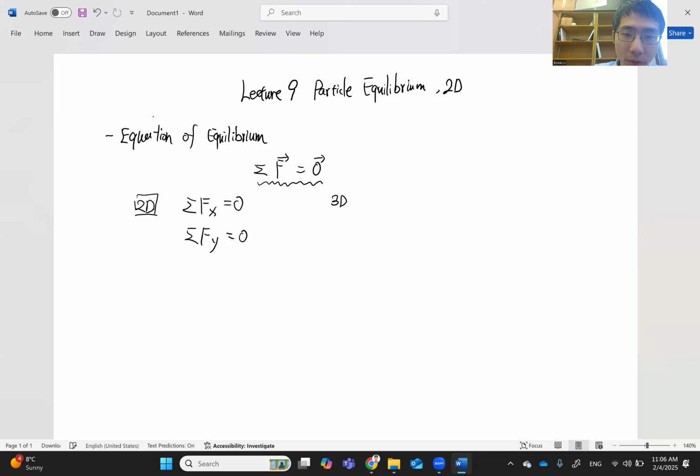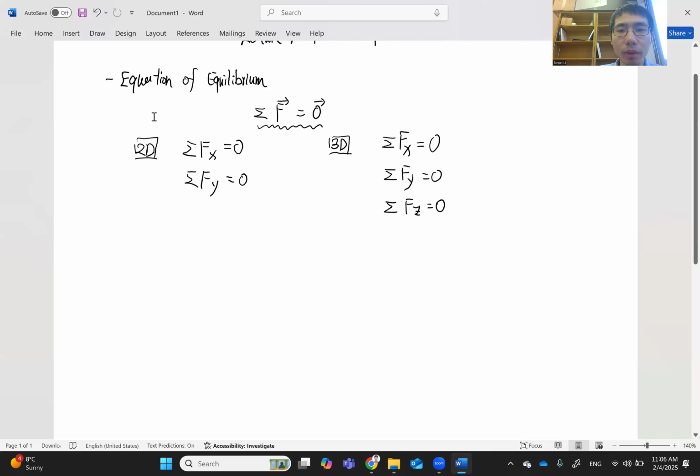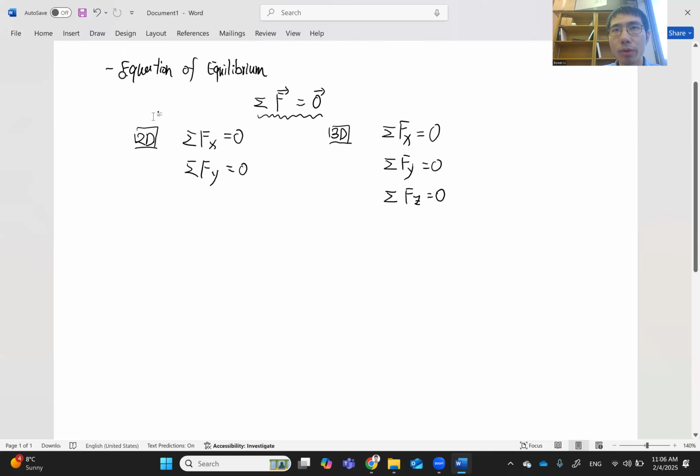But for the three-dimensional case, it will be similar. The x component of the resultant force equals zero, the y component equals zero, as well as the z component equals zero. Now, writing those equations is pretty straightforward, but what really takes effort is making use of those equations.